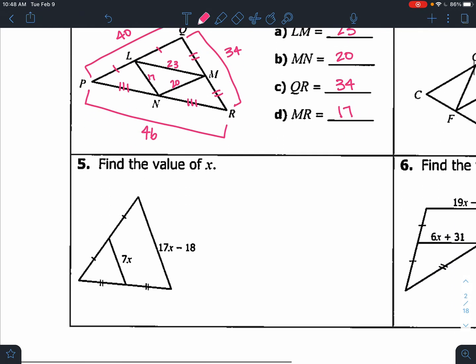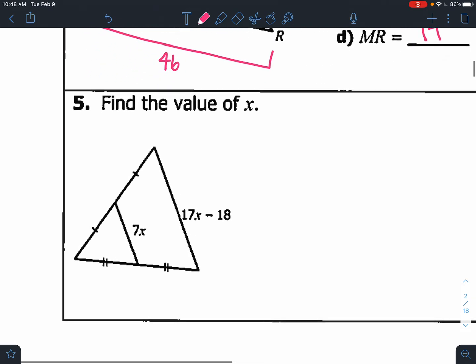On the rest of these examples, we'll have something like this. So remember that your midsegment is half of the long piece. So we actually will multiply this one by 2 to get its parallel corresponding piece.